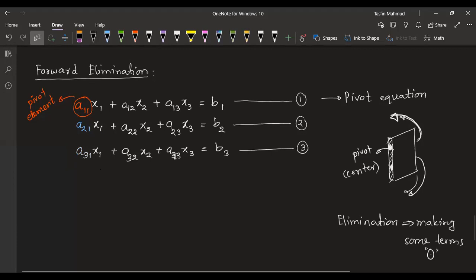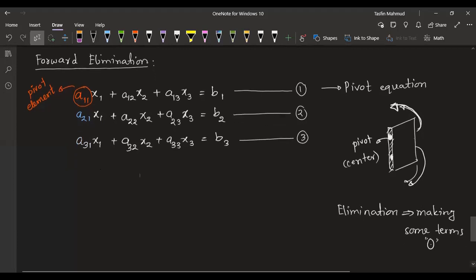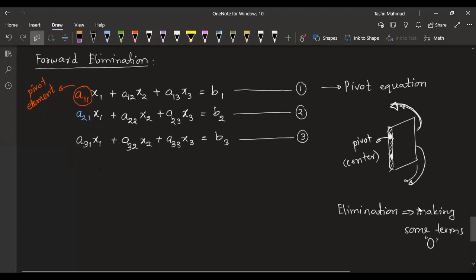The general rule is: take the pivot equation, divide it by the pivot element, and multiply it by the term that you are trying to eliminate. Okay, let me repeat once again.